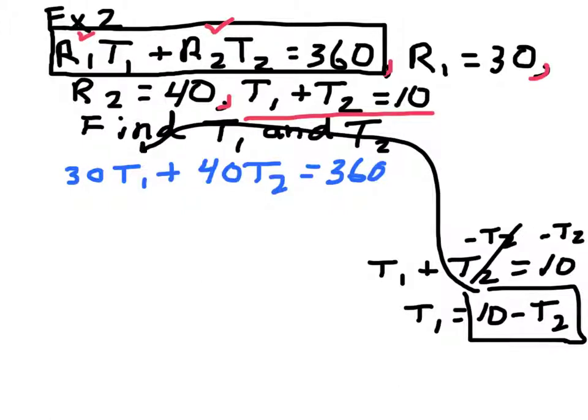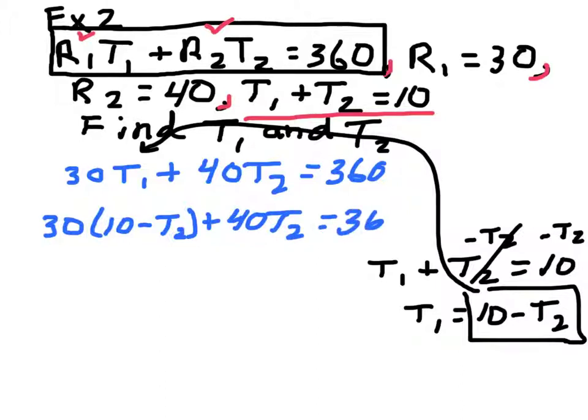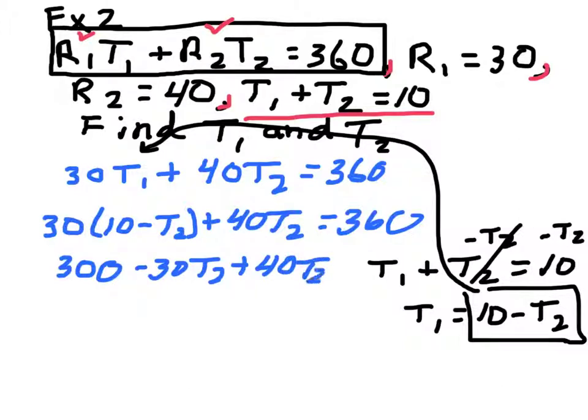So I have 30 times whatever T1 is, which is 10 minus T2, plus the 40 T2 equals the 360. Now distribute, so I have 300 minus 30 T2 plus 40 T2 equals 360.